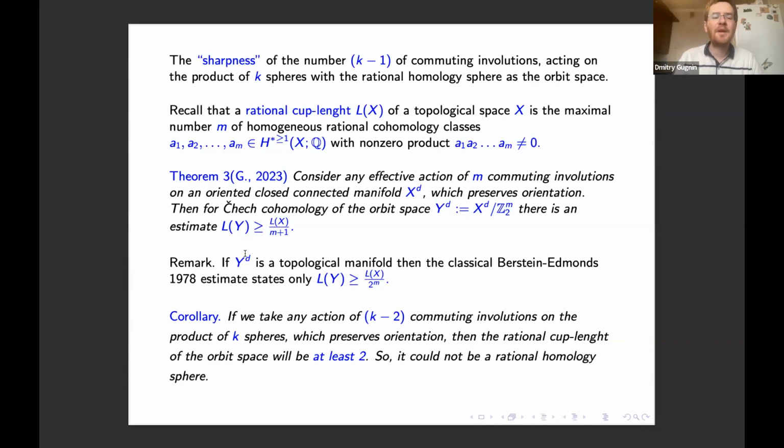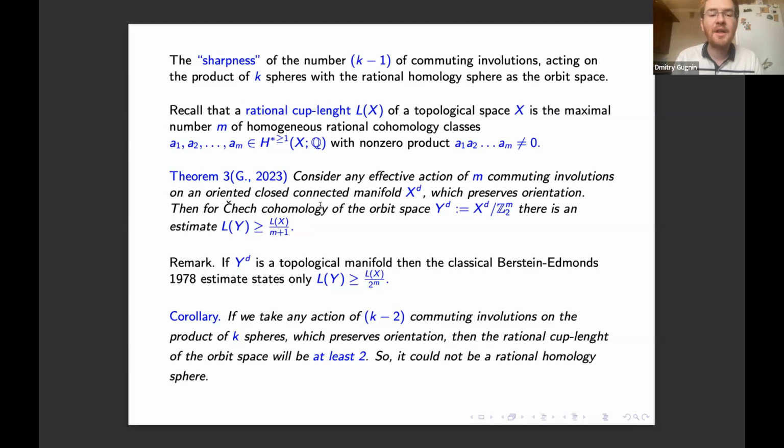And if the orbit space is a topological manifold, then we have the classical Bernstein-Edmonds estimate that gives only this one estimate. This one is simpler to prove because Bernstein-Edmonds treated the general case of arbitrary branched coverings between oriented manifolds.